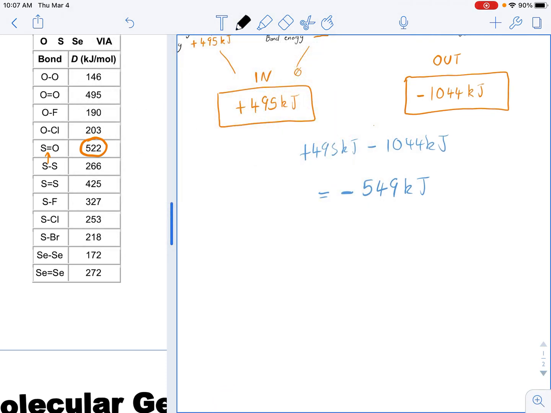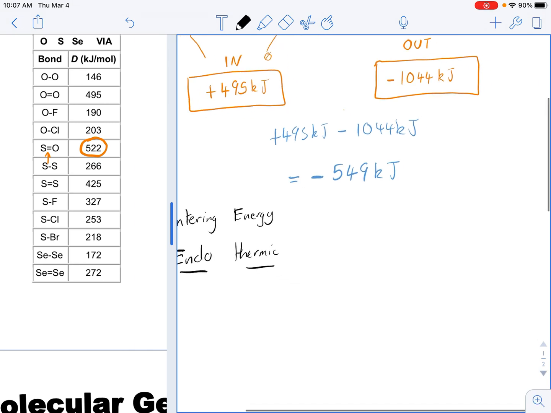Now, let's remember that entering energy is endo for enter and thermic for energy. Exiting energy is exo for exiting and thermic for energy.